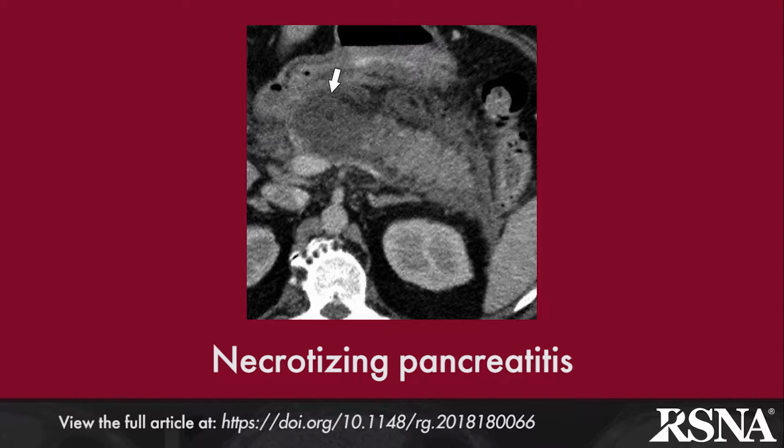In 5 to 10% of patients with acute pancreatitis, necrotizing pancreatitis, which is associated with a poorer prognosis than the much more common interstitial edematous pancreatitis, is seen on CT as regions of non-enhancing parenchyma and/or necrotic collections.